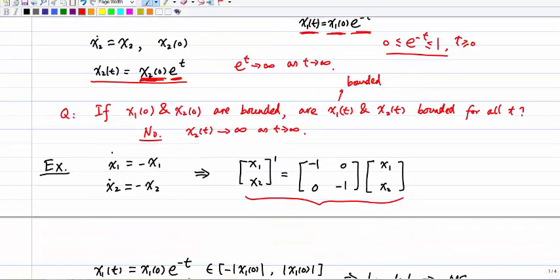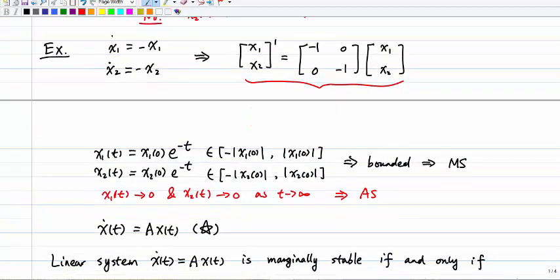Again, because each of these terms is bounded, x1 of t and x2 of t are bounded for all t greater than or equal to 0. So I can say this system is marginally stable. As a matter of fact, if you verify, x1 of t and x2 of t also go to 0, because e to the minus t goes to 0 as t goes to infinity.